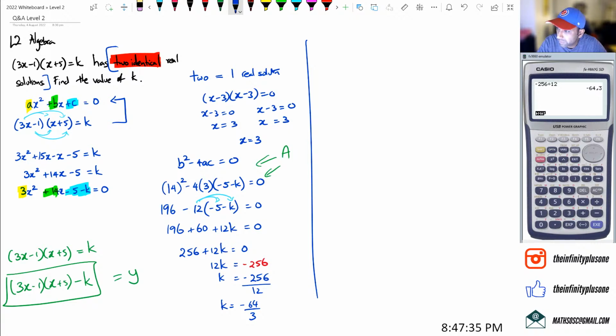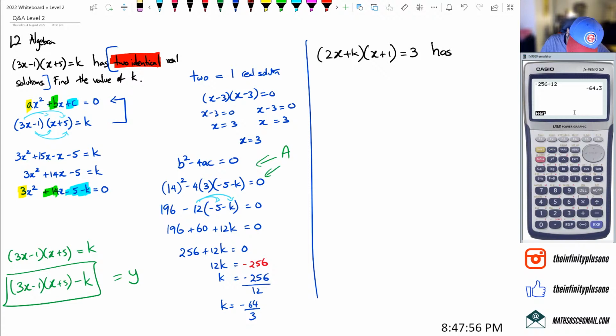Okay, so I'm going to make it slightly different with this question. So we're going to have this equation, which is 2x plus k, x plus 1 equals 3.